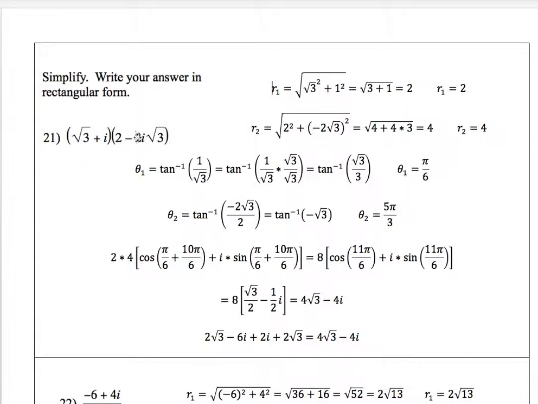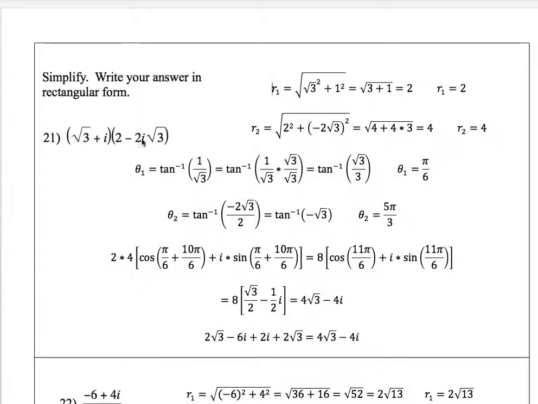Root 3 times negative 2 times I times root 3 gives you negative 6i. And the reason why we got the 6 is root 3 times root 3 is just 3, and then 2 times 3 is 6. So that gives you negative 6i here. And then I times 2 is just plus 2i.